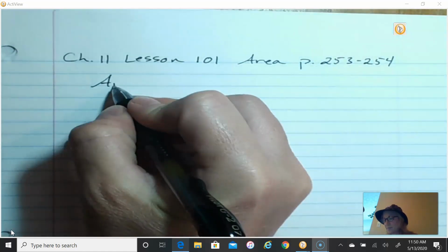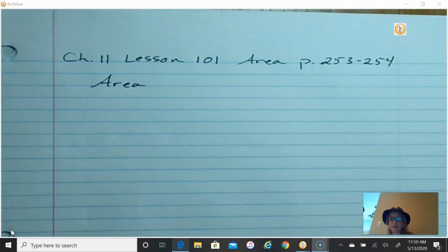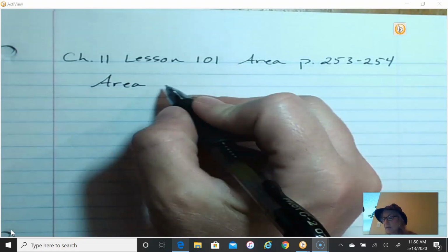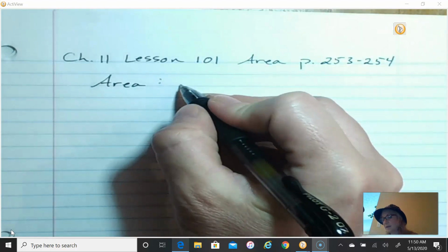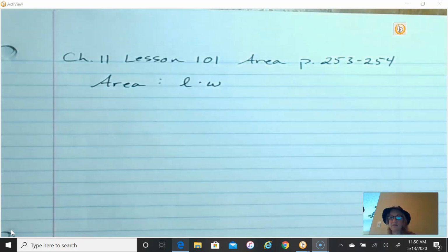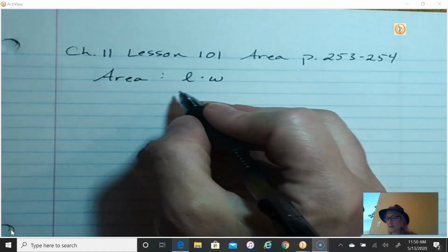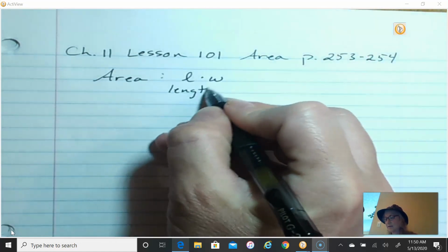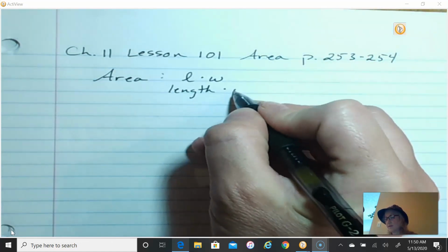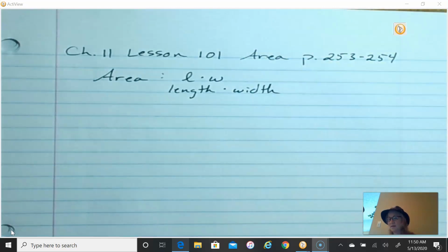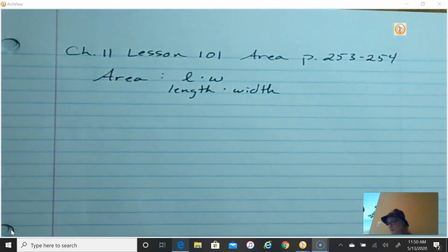To find area of a polygon, it's length times width. That's length times width. That's it. That's how you find area.